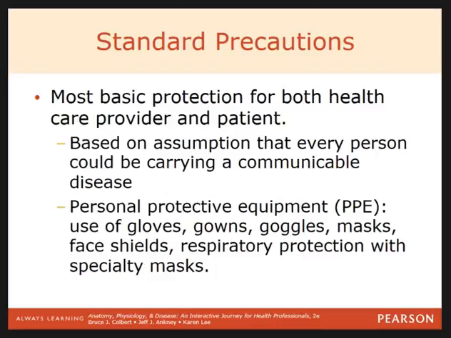In healthcare, we use personal protective equipment, or what's known as PPE. It includes gloves, gowns, goggles, masks, face shields, and respiratory protection with specific kinds of masks. We see this in the emergency room, definitely if somebody goes into surgery, and also we use it in sterile compounding in the pharmacy.